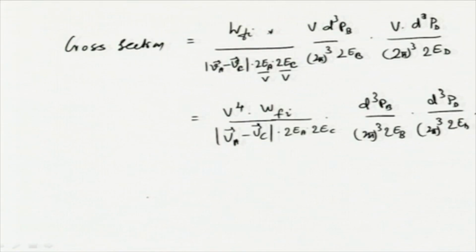The cross section can be written in terms of the transition rate, the flux, and the transition rate W_fi, the initial flux times the initial target density, and the final state phase space available in this fashion.